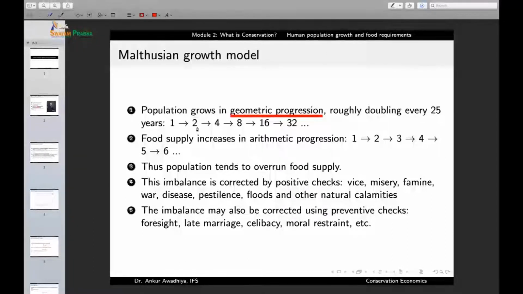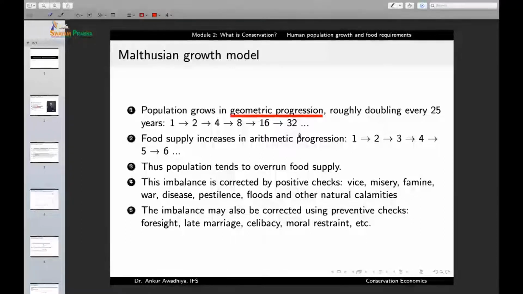So 1 into 2 is 2, 2 into 2 is 4, 4 into 2 is 8, 8 into 2 is 16, and so on. So the population grows in geometric progression. Now, how much time does it take for this population to move from 1 to 2? For this, Malthus said that it roughly doubles every 25 years. So in 25 years, the population doubles.